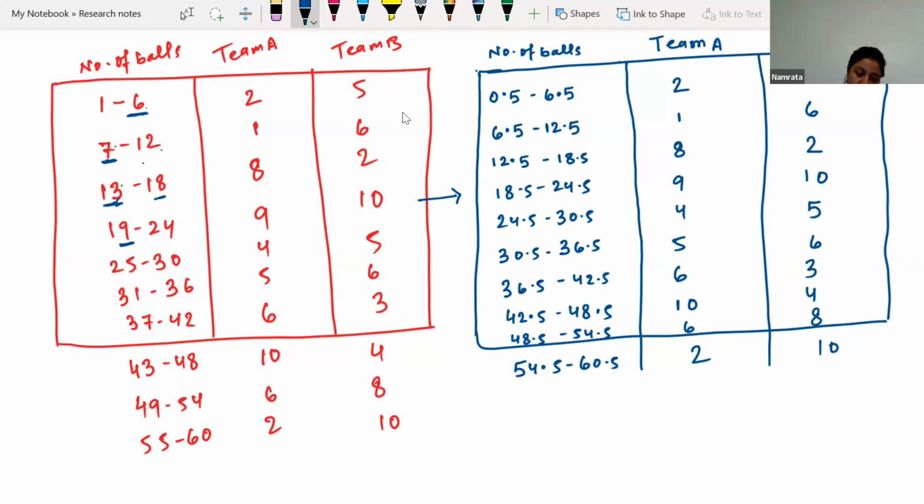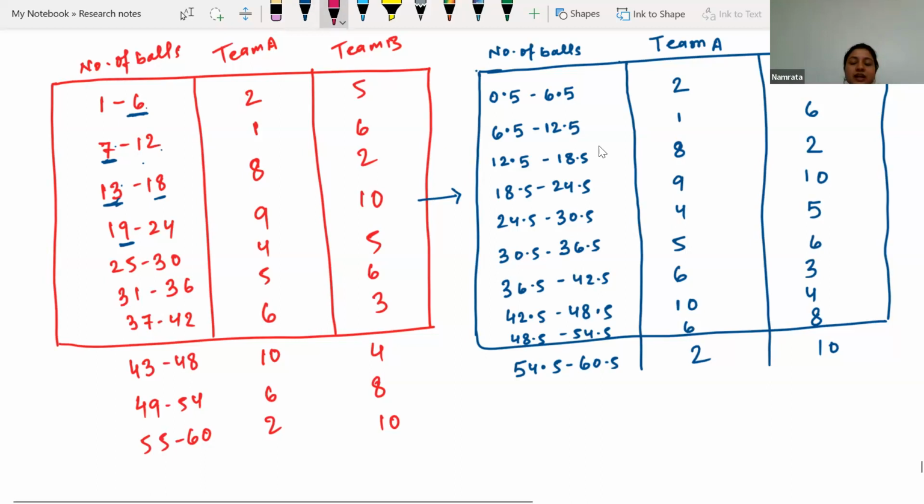Just this much is given, so it's up to us whether we go ahead with the histogram or directly with the frequency polygon. If we want to find the frequency polygon directly, then one more column has to be there, that of class mark, right?